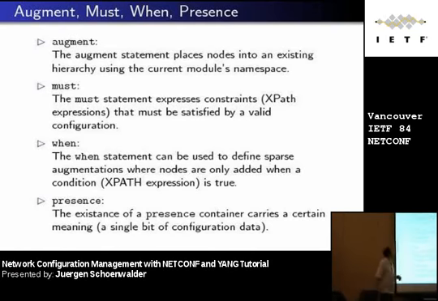To make that work, there's an augment statement that allows you to say, I'm writing down a little specification of data nodes here, but this should actually pop up in the interface that's defined over there. So you can extend something by providing your own definitions that actually show up somewhere else in the database.